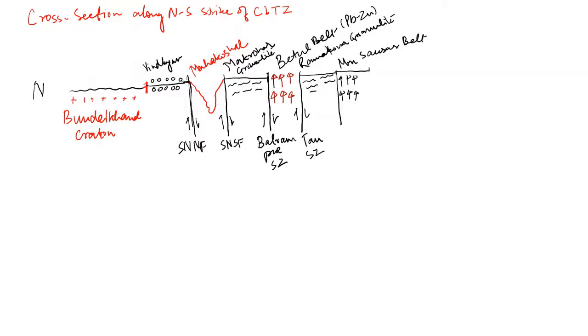And thereafter comes the central Indian shear zone. It separates the Malanjkhand granite from the saucer belt. So this is the Malanjkhand.